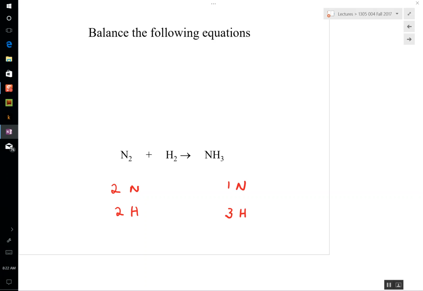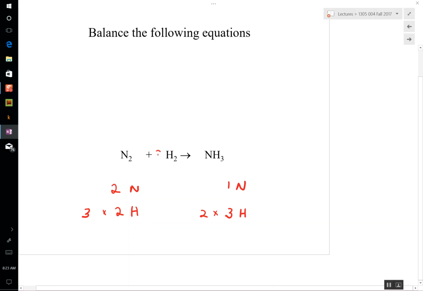The hardest thing to get even is going to be the hydrogens. So what is a common number of hydrogens that I can have? 6 hydrogens. If I multiplied this by 3, I would have 6. And I would need to multiply this by 2 to have 6.